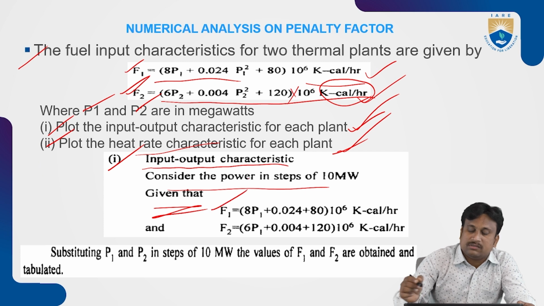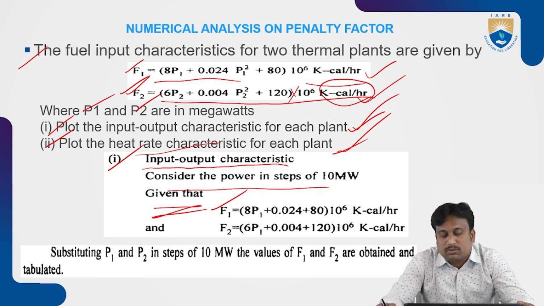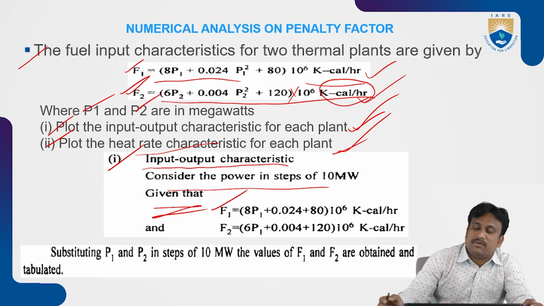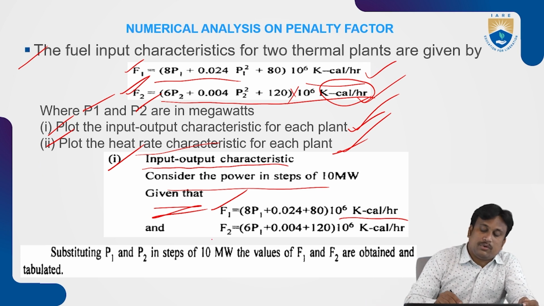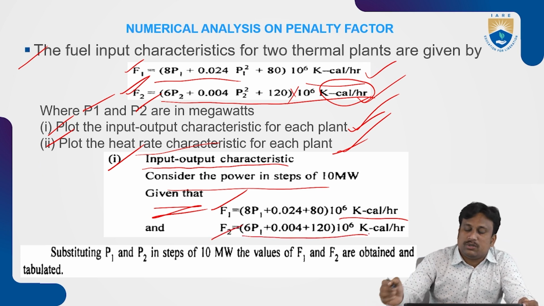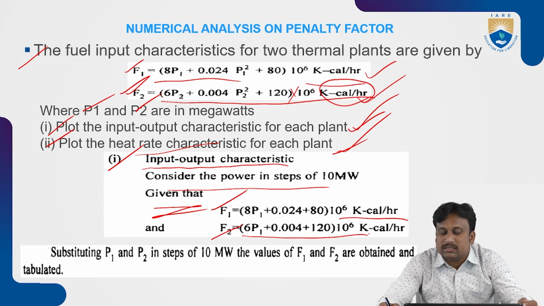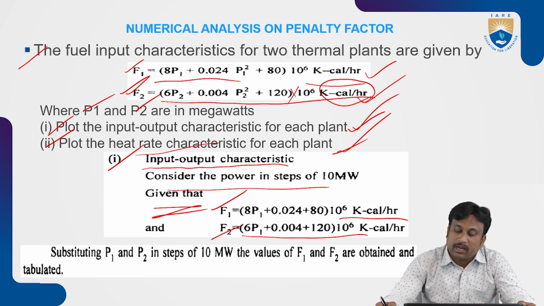Then F1 is 8P1 plus 0.024 P1 square plus 80 into 10 power 6 kilocalories per hour, and F2 is 6P2 plus 0.004 P2 square plus 120 into 10 power 6 kilocalories per hour.